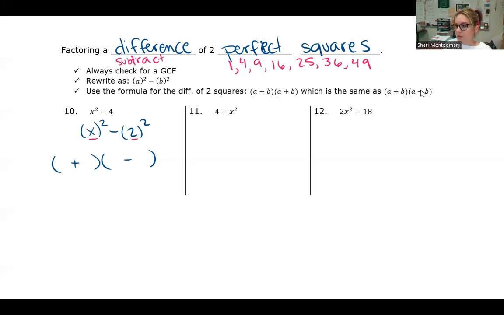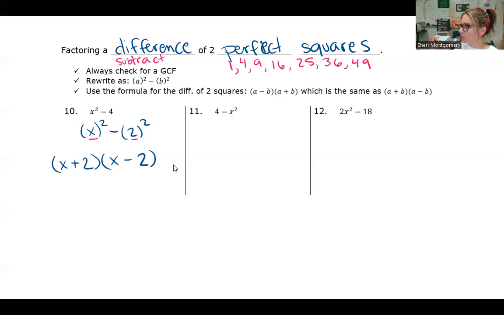The next thing that we're going to do is fill in the stuff that's in the parentheses, and these have to be in that order. So if the x is listed first, it has to go first. If the 2 is listed second, it has to go second in both of them. So I'm going to put x and x, 2 and 2.